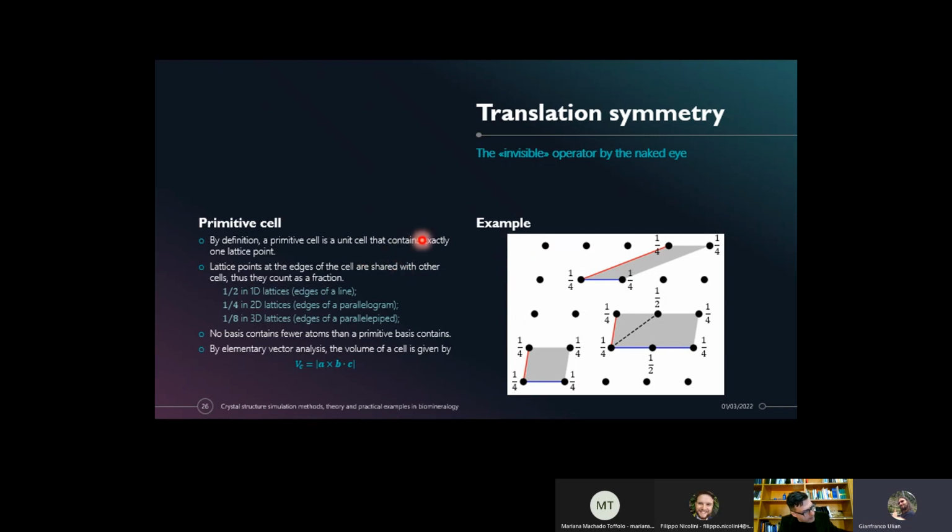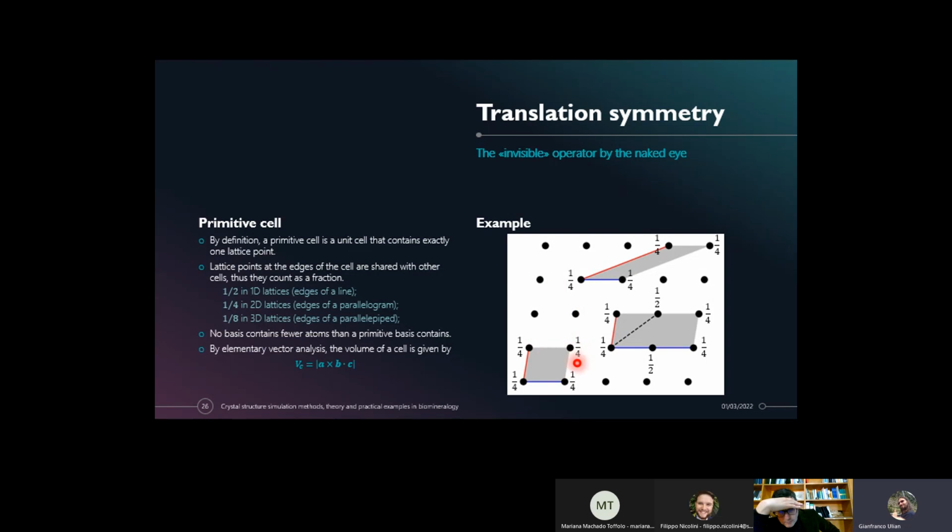For example, in this two-dimensional case, okay, the unit cell here is that one. Let's take this parallelogram here in 2D space.